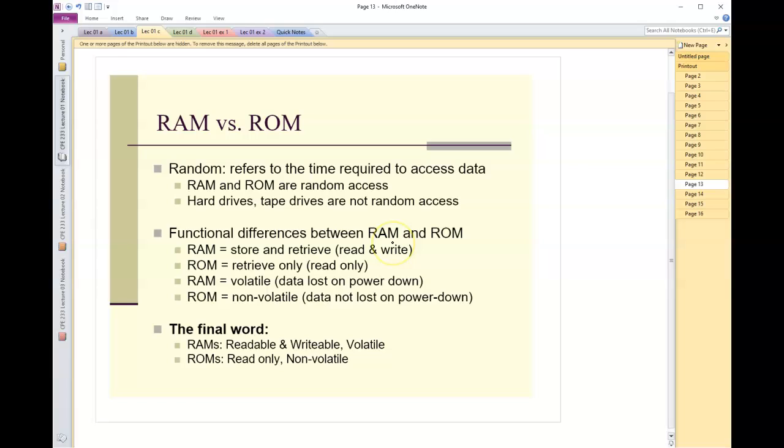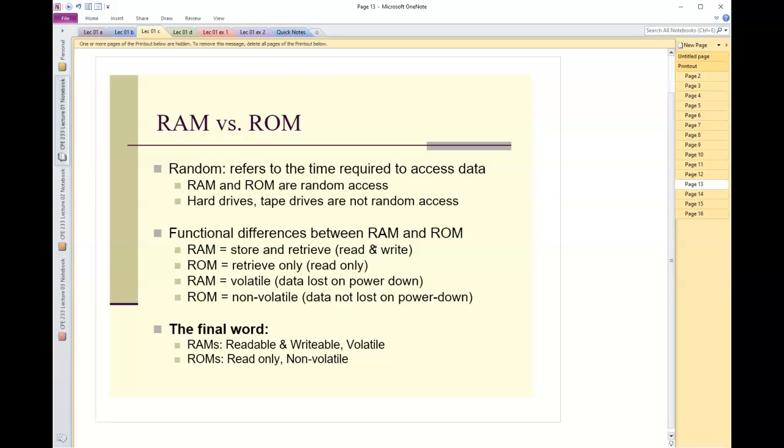The RAM and ROM do have accepted functional differences. RAM, random access memory, is readable and writable, and it's volatile, meaning you turn the power off, you lose the data.